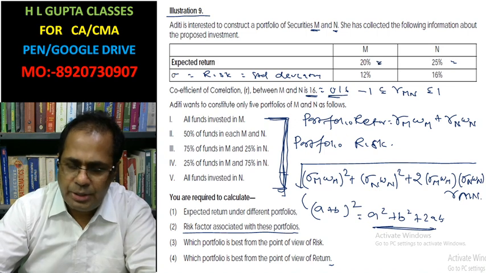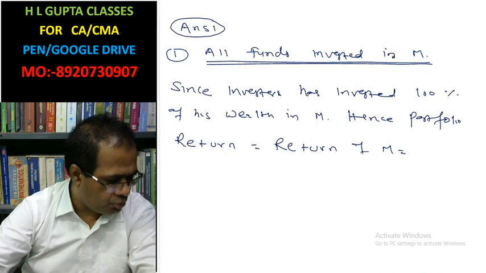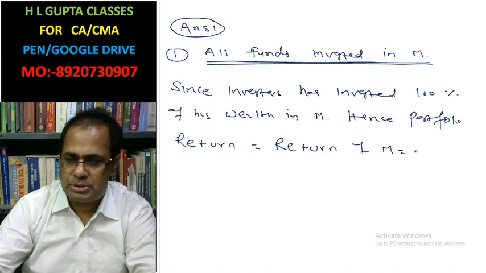Return of M is 20%. So here you write 20%.